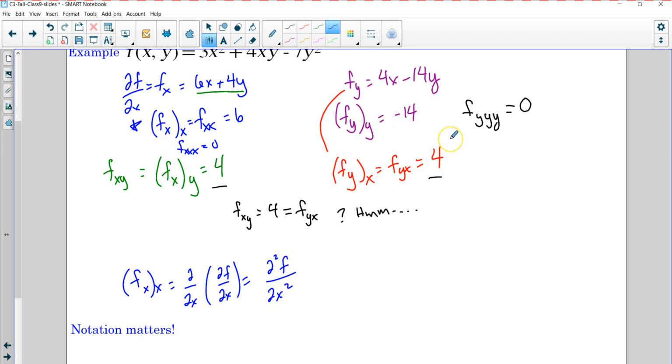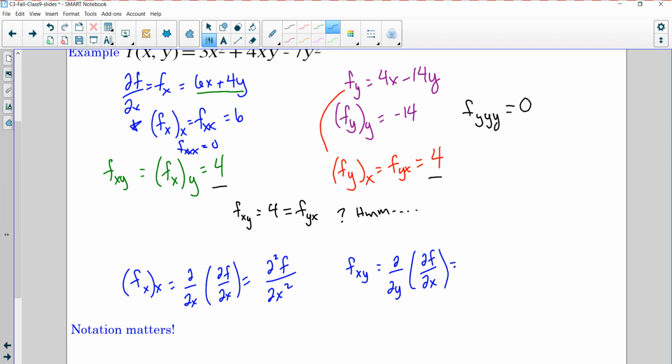Similarly for y, it would just replace it. But if I have that mixed partial derivative, and I use the language of mixed partial derivative to indicate that I'm doing two derivatives, but they're not with respect to the same variable, this would be del del y of del f del x.